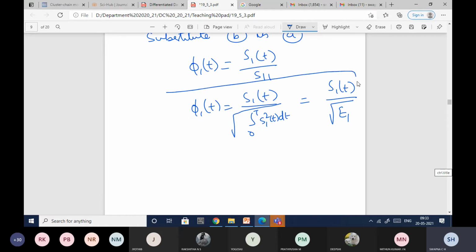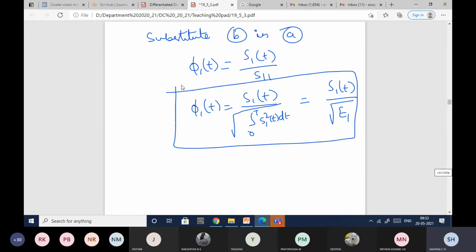So just by using s1 of t, I can find the energy of that signal. That energy will be equal to integral 0 to t s1 square of t dt. So by using s1 of t and the energy of that particular signal, we'll be able to find the orthonormal basis function phi 1 of t.